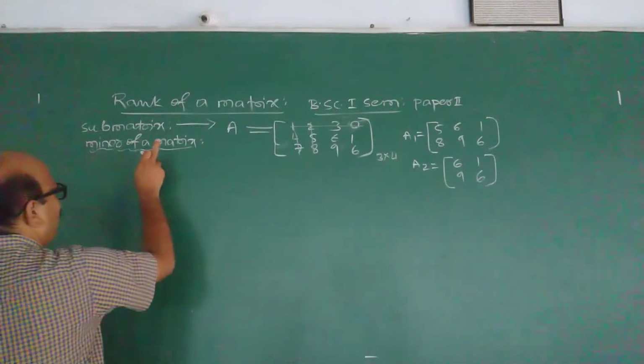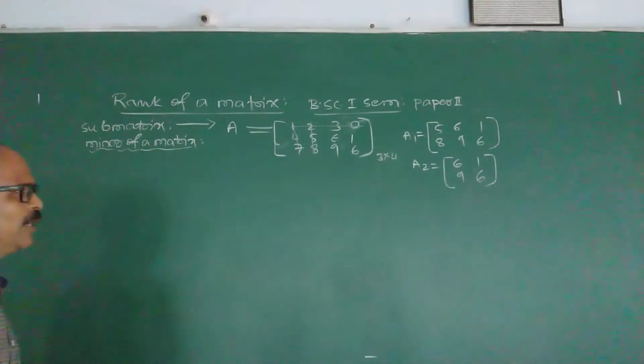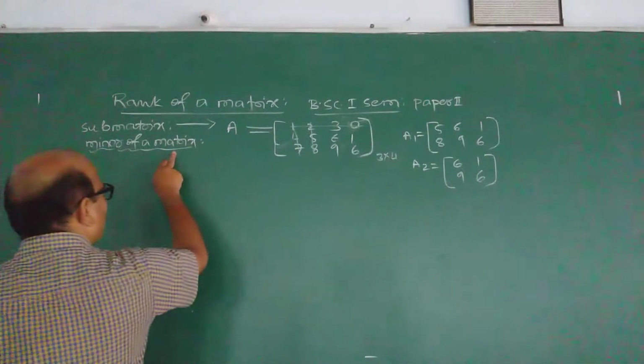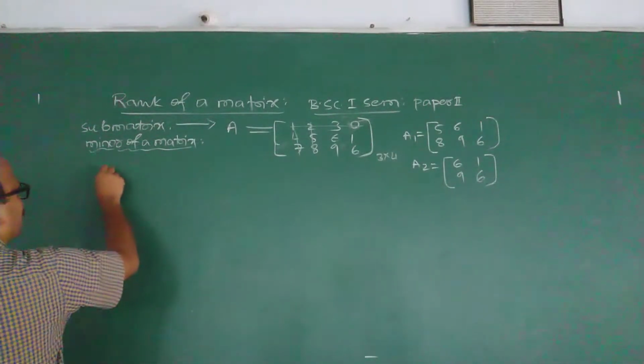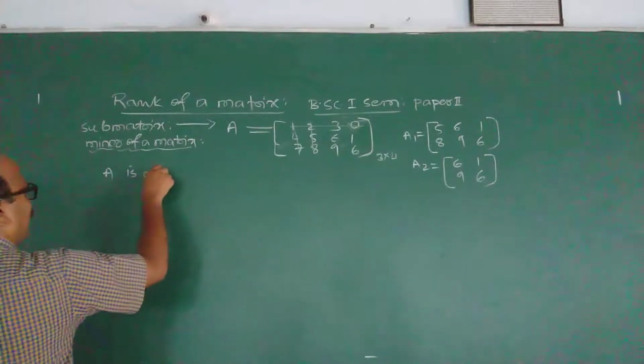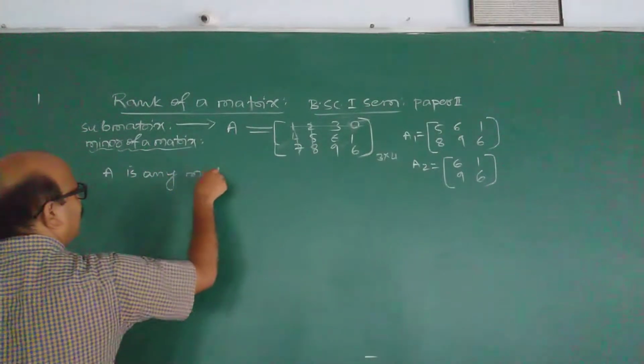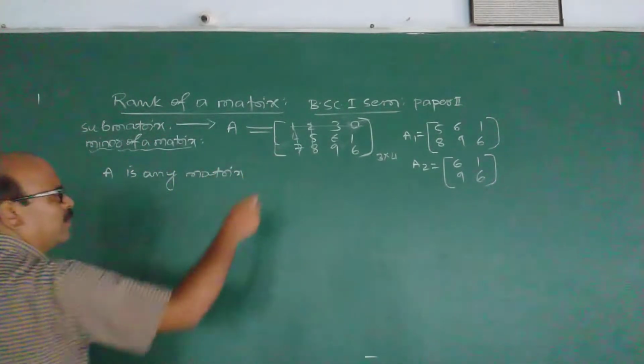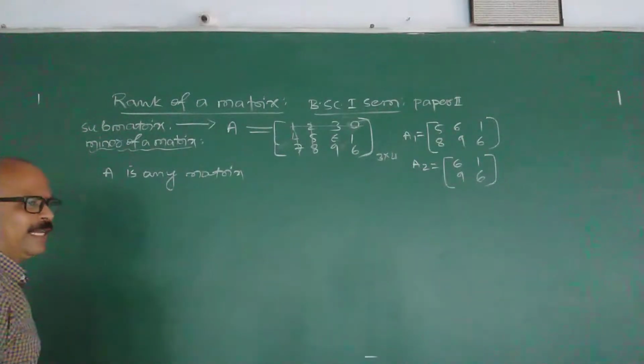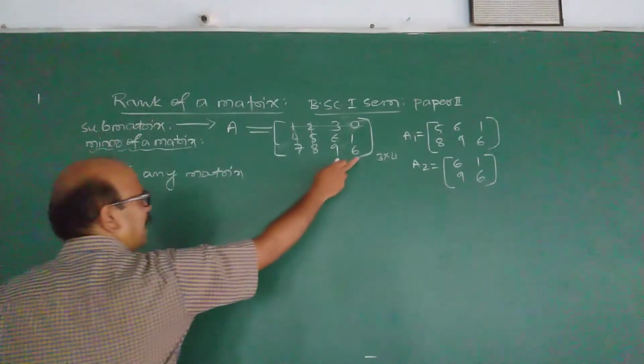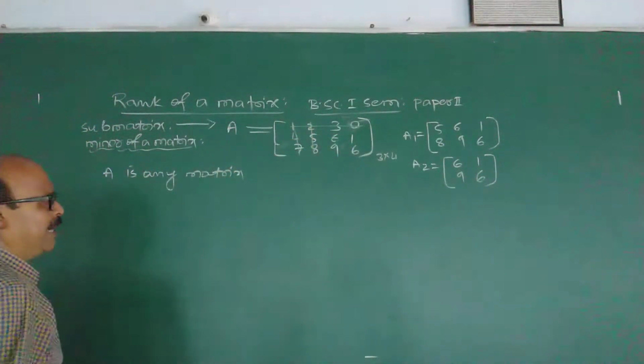Now see the definition of minor of a matrix. That is important. Minor of a matrix is, suppose A is any matrix, maybe square matrix or rectangular matrix, any order like this 3 by 4 or m by n matrix.